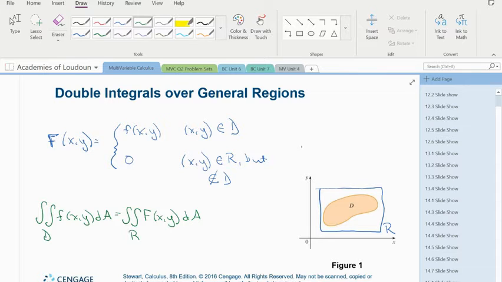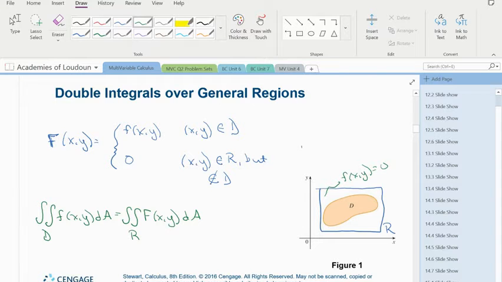This definition makes sense because R is a rectangle, and so the integral of capital F of x,y has already been previously defined. The procedure is reasonable because the values of F of x,y are 0 when x,y lies outside D, and so they contribute nothing to the integral. This means that it doesn't matter what rectangle R we use, so long as it contains D.